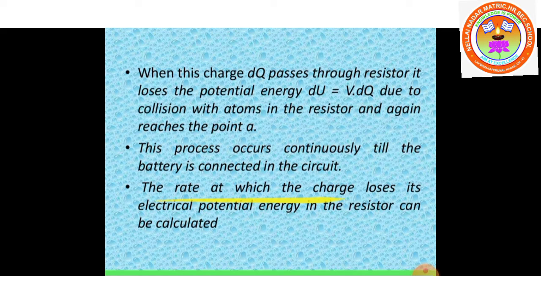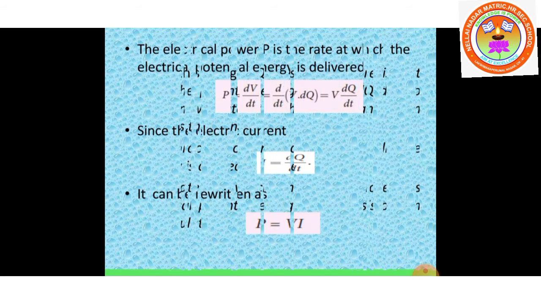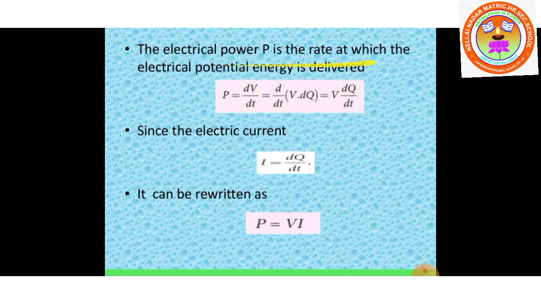So the rate at which the charge loses its electrical potential energy in the resistor can be calculated. The electric power P is the rate at which the electrical potential energy is delivered. What is the power of the battery?